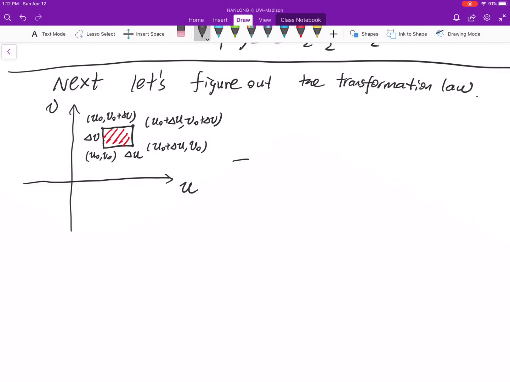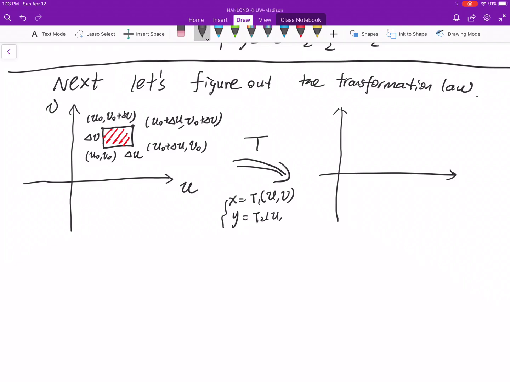And then suppose you have an arbitrary transformation T. So recall T is just a transformation, x is T1(u, v), y is given by T2(u, v). So the whole transformation is like this. Think about the previous example we did, how to write down T in its coordinates.